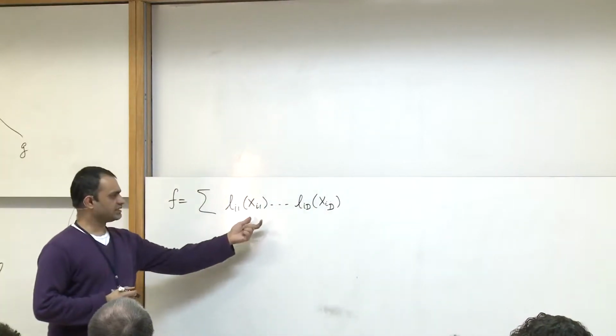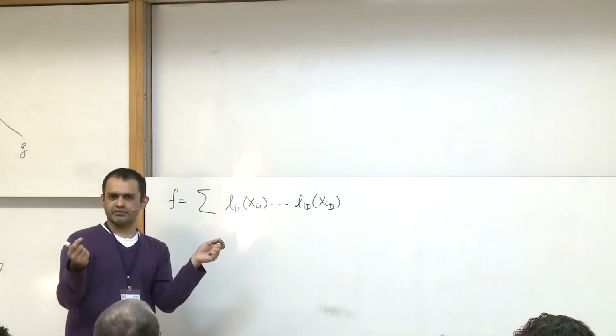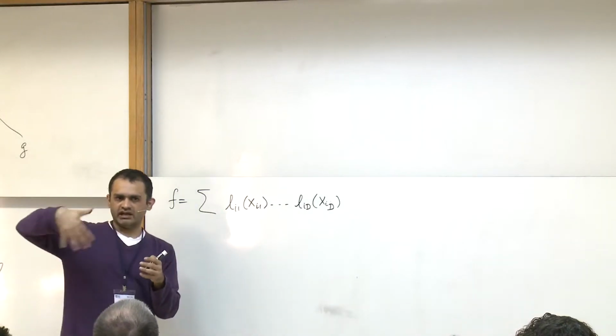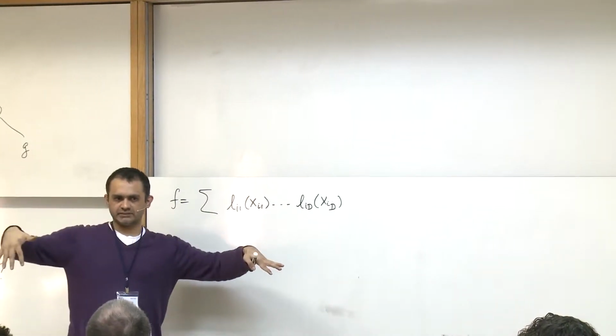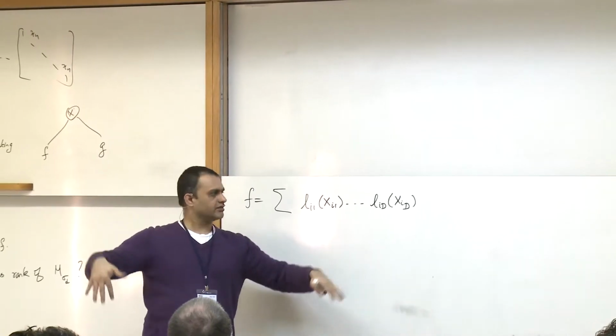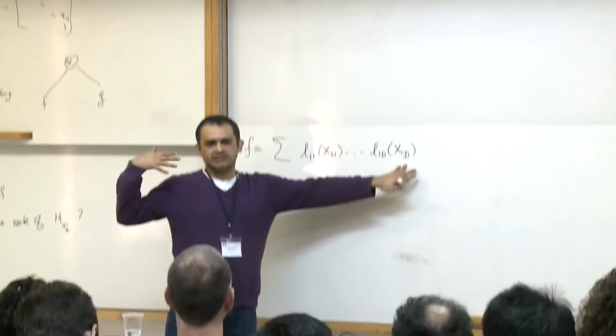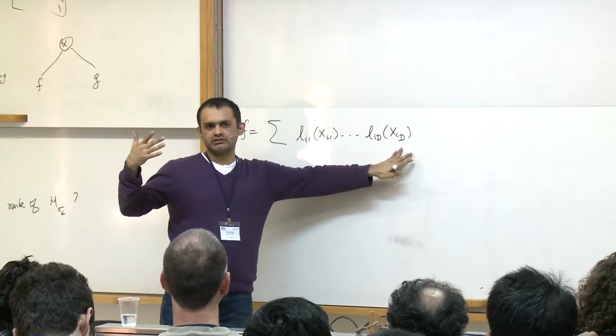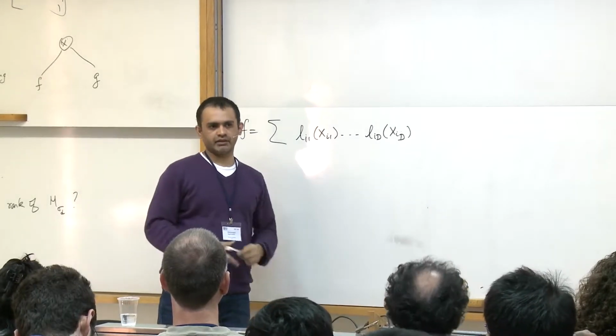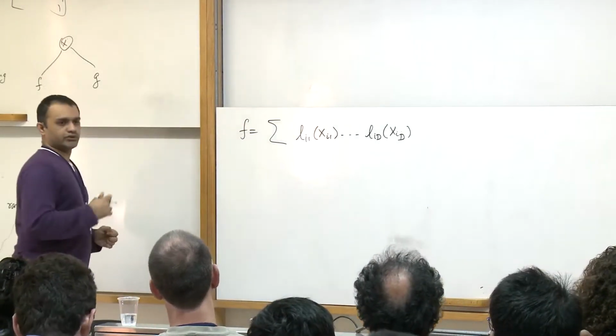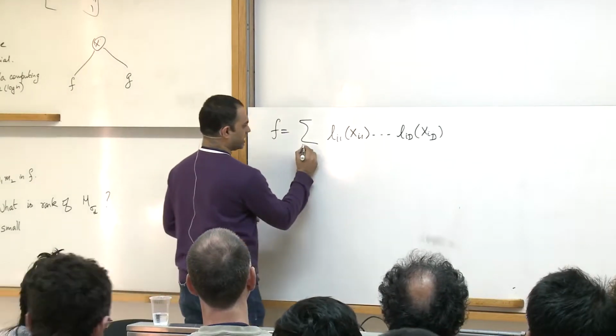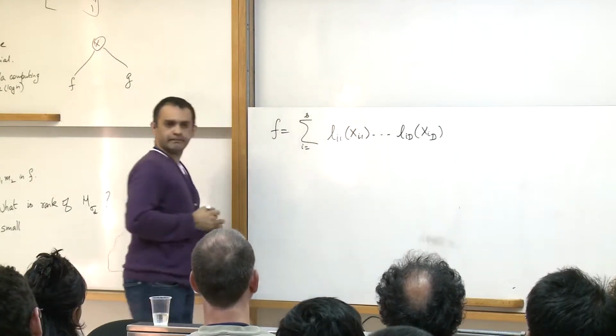So what I mean by this is that any term which is a product of linear polynomials consists of linear polynomials on disjoint sets of variables. This d could potentially be larger than the degree of the polynomial you are computing. So that could happen. Okay. And we want to prove lower bounds on S, where S is this top family.